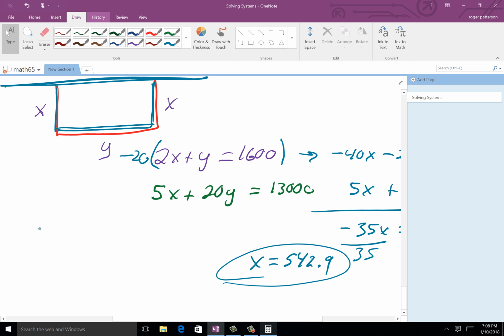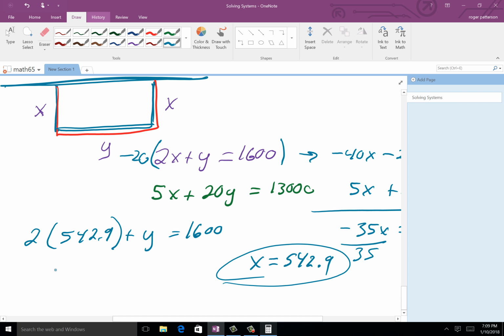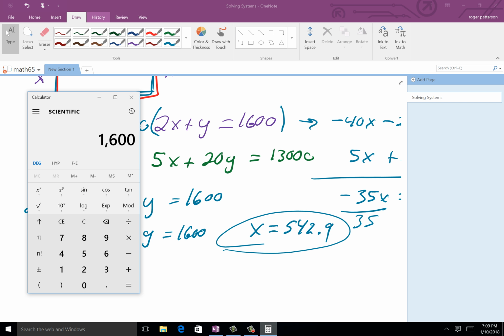Probably that top one there would be easiest. Times it by 2 equals 185. So it's going to work. We're going to get decent answers. They're not going to be pretty, but they're going to be decent answers.